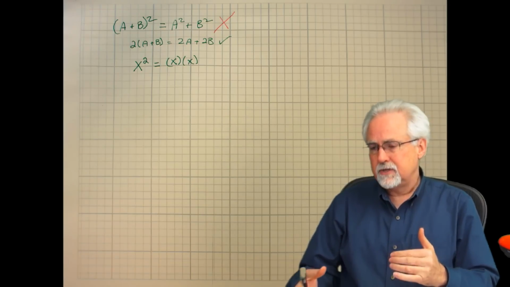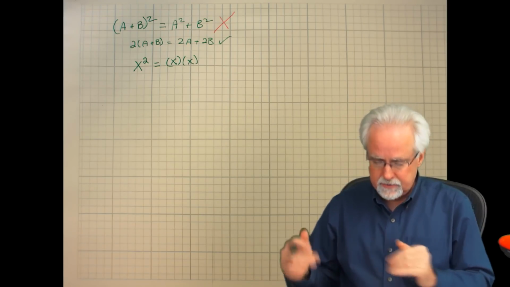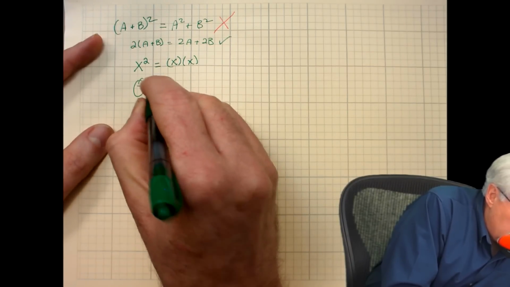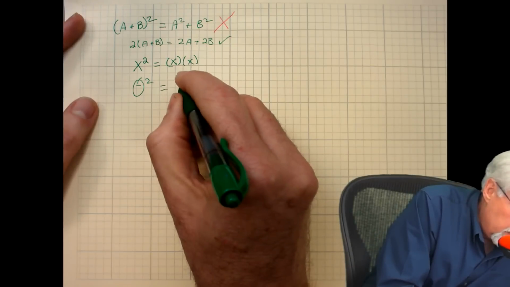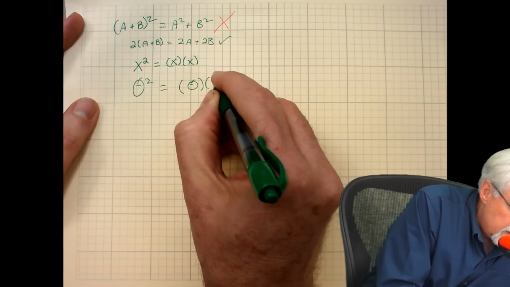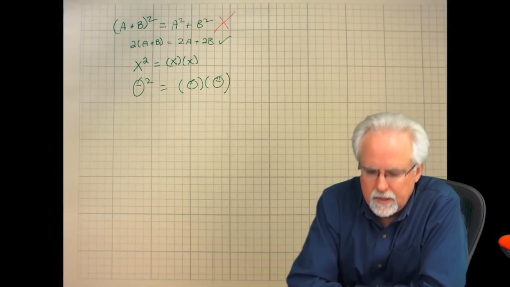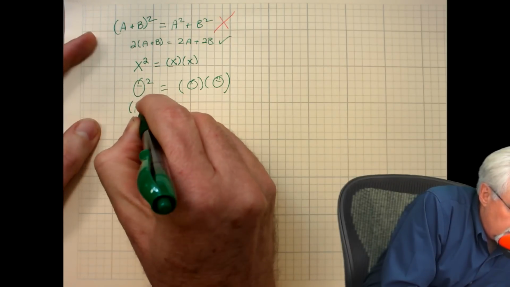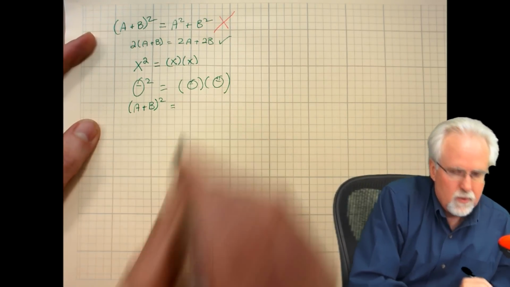So if I ask you what is x squared, you would say, well, that's obvious, that's x times x. Well, what if I ask you what is apple squared? Hopefully you would tell me that that's apple times apple. Well, what if I ask you then, what is (a plus b) squared?